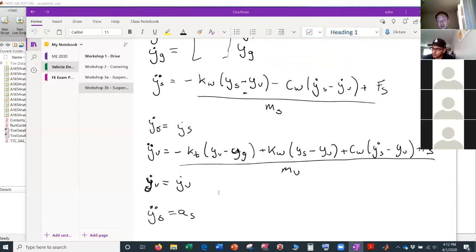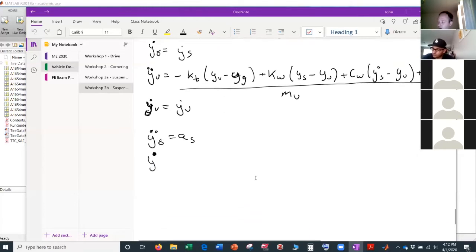And if we know the acceleration of the sprung mass, we can step forward in time and say that the velocity of that sprung mass at t plus delta t is just going to be equal to some time times the acceleration plus the old velocity.